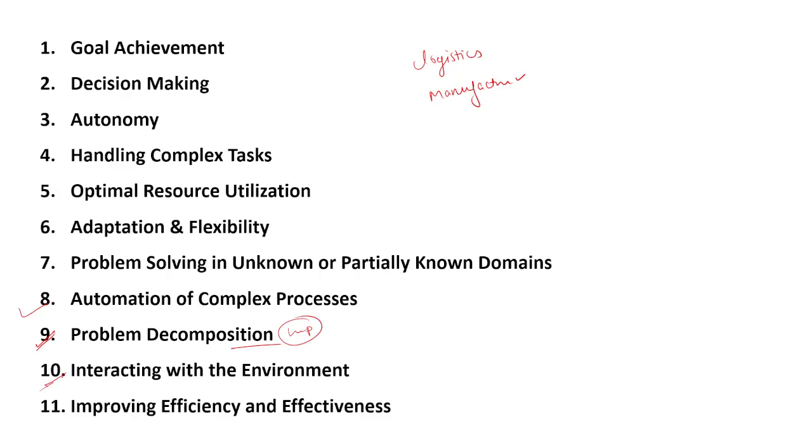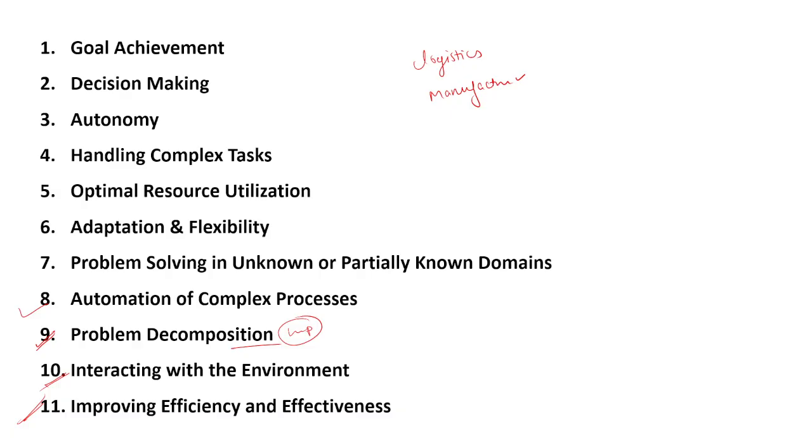Another role is interacting with the environment. So students, in the context of robotics or autonomous systems, planning systems are integral for helping AI interact effectively with its environment. Another point is improving efficiency and effectiveness. A well-designed planning system can increase the overall efficiency of the system.